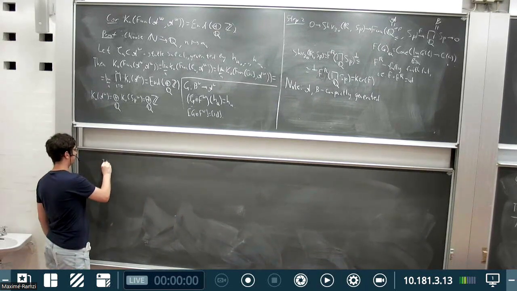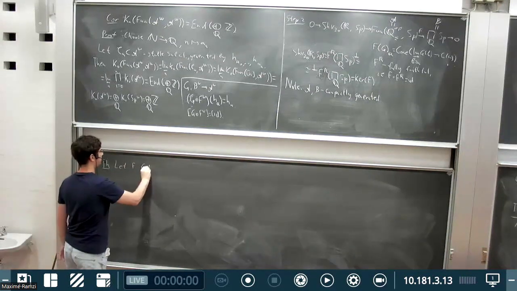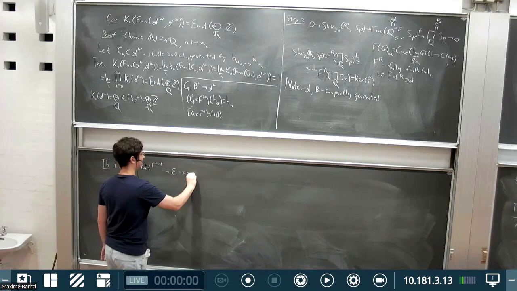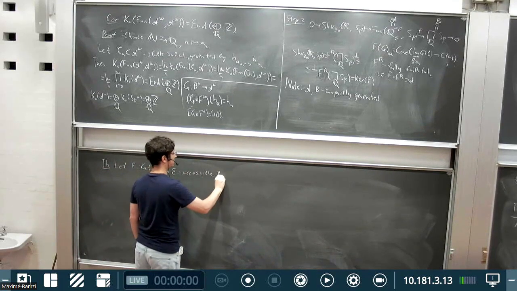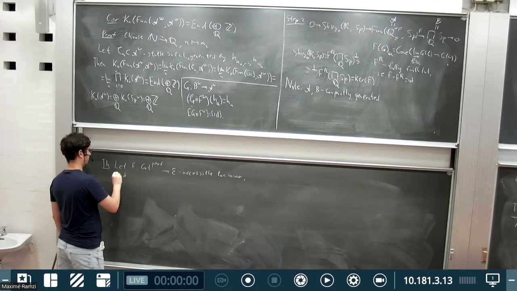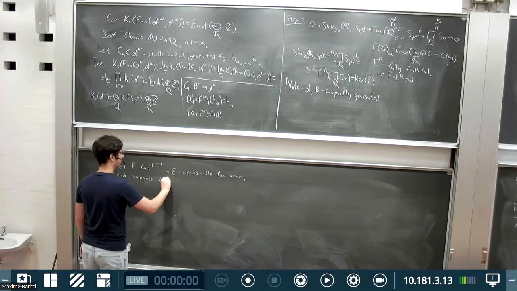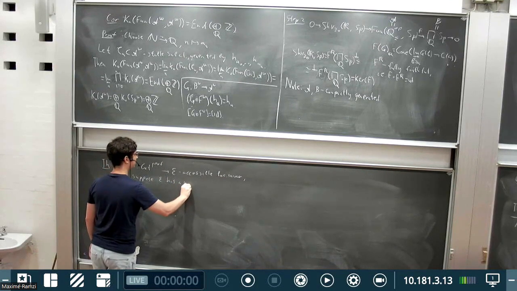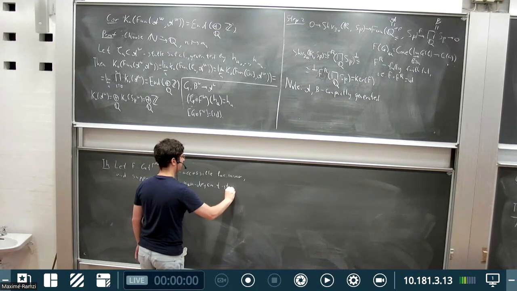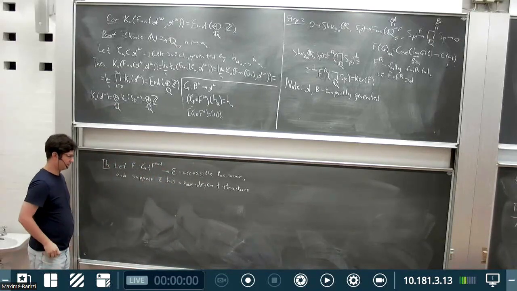So you can deduce this result: let F from Cat to E be an accessible localizing invariant, and suppose E has a non-degenerate t-structure. Non-degenerate means that if the homotopy groups of every object vanish, then the object is zero.